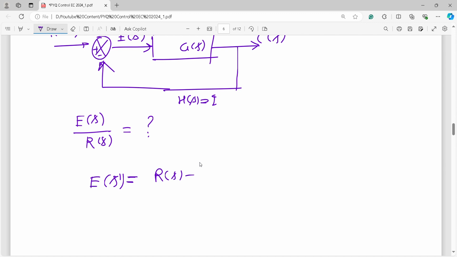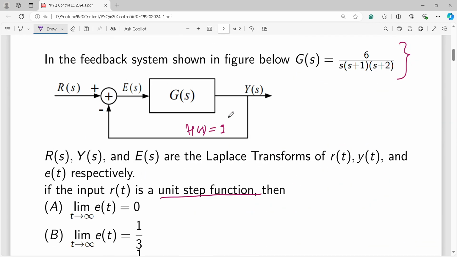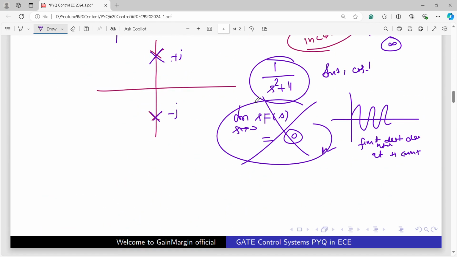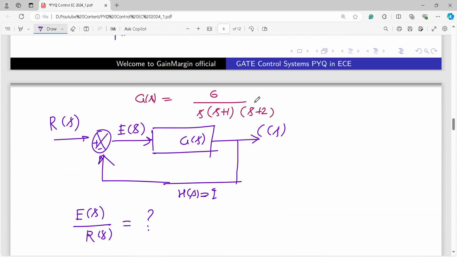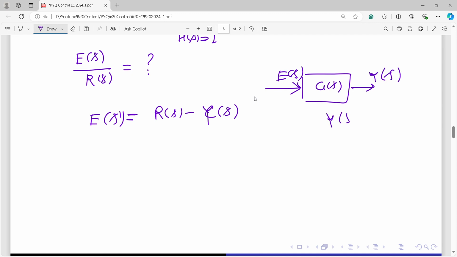Here the output is C(s), and they are giving it here as 6 by s, so let us write that only, so there will be no confusion. You can see this E(s) is the input, meaning the error signal, and this is G(s), the plant, and this is our output. So the output is equal to E(s) into G(s).